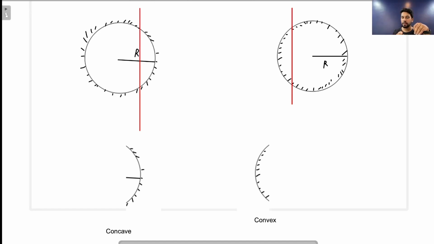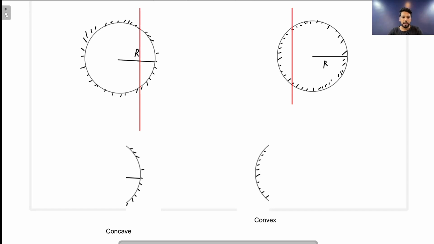Again, I am telling you, these concave and convex mirrors are derived from a sphere. They are a part of a spherical mirror, and that's why they are known as spherical mirrors. Since they are part of a sphere, every spherical mirror has a radius.